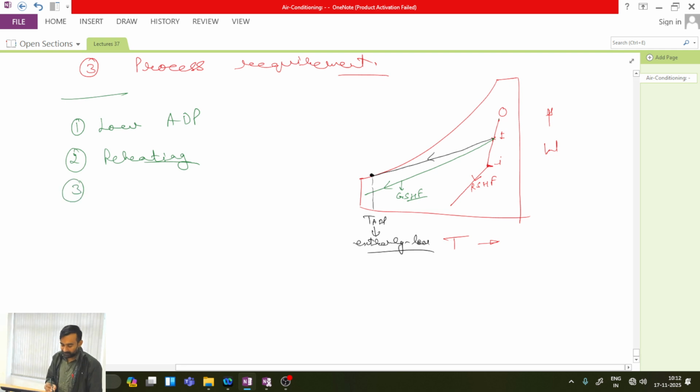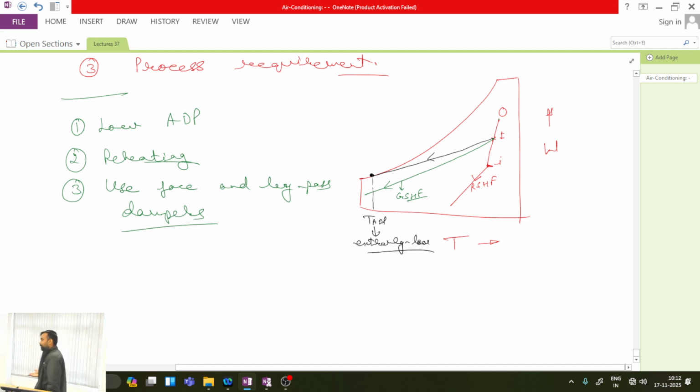And third thing, you can use face and bypass dampers. What is the meaning of face and bypass dampers?